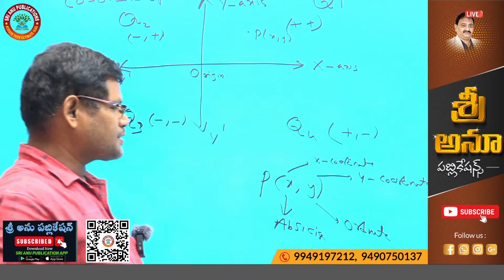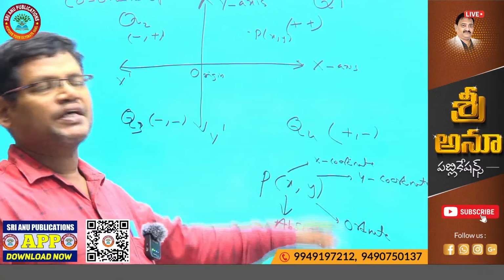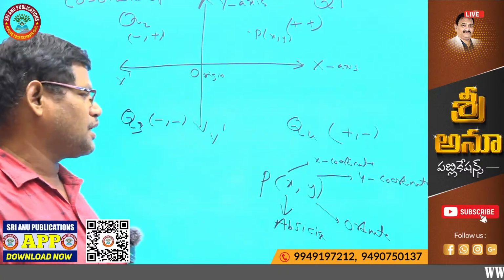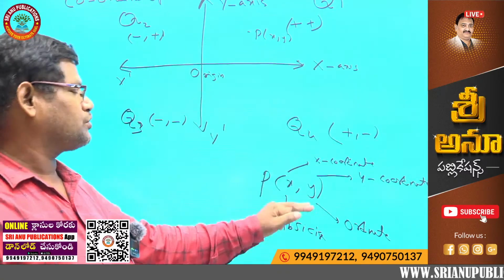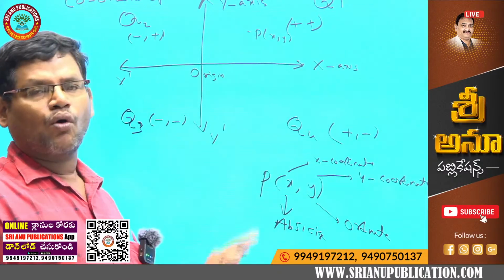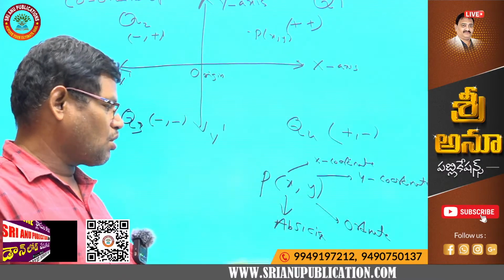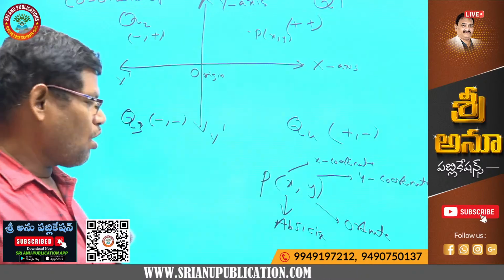Here x is called the first term and y is called the second term. But mostly we say x is called the abscissa, y is called the ordinate.